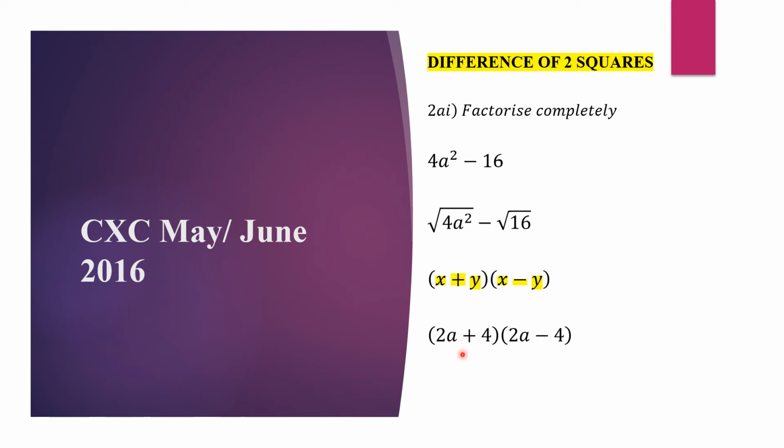So one side of the factorization would read open bracket 2a plus 4 close bracket, and the other side would read open bracket 2a minus 4 close bracket. From the previous presentation on factorization, here we see an application, how we can apply these concepts in the past paper. Very simple.